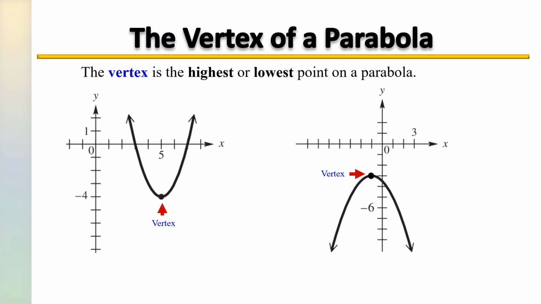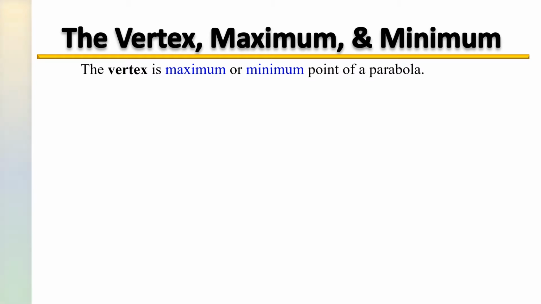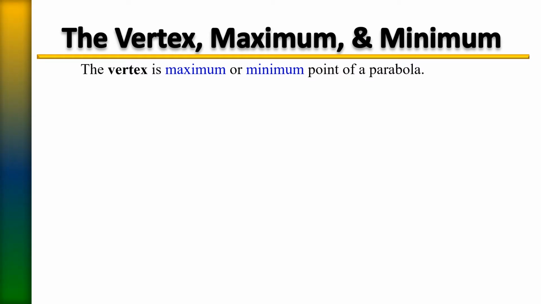Whether a parabola is facing upward or downward, the vertex is the highest or the lowest point on the parabola. At that point, the vertex, you're going to have either a maximum or a minimum point.